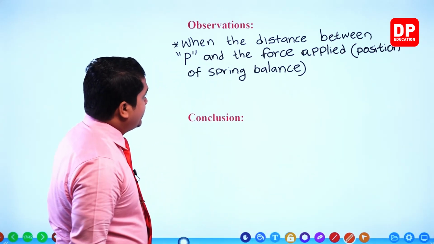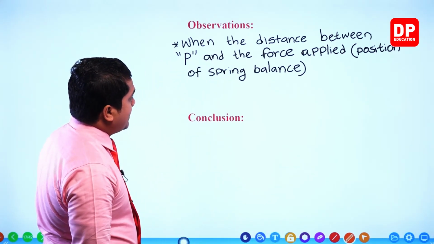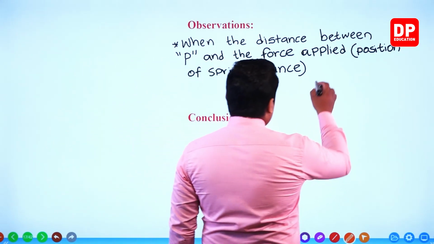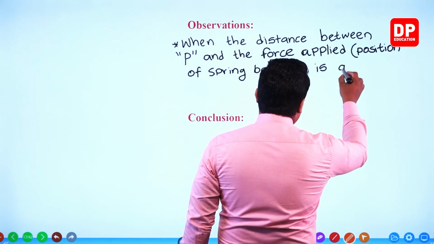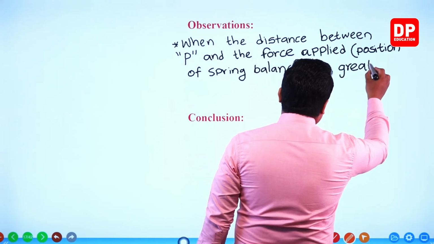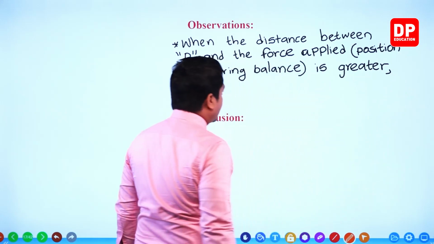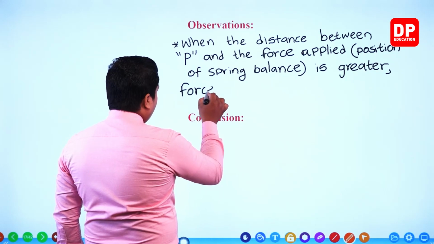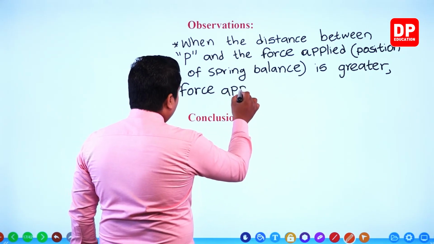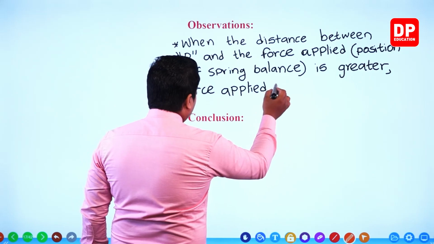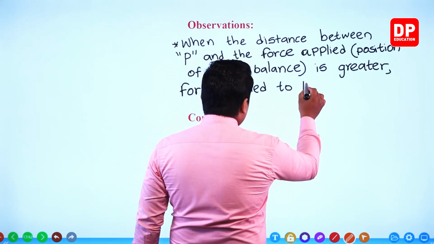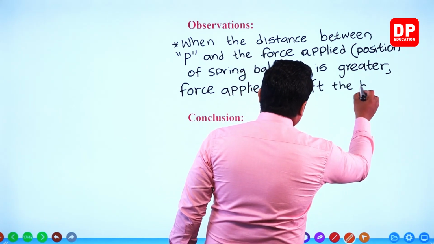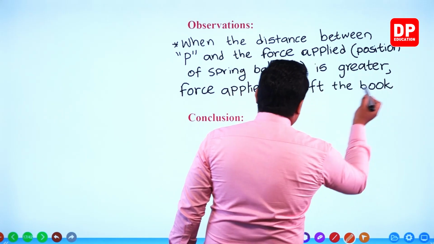Right. So when the distance between P and the force applied, position of spring balance, is greater, force applied to lift the book is less.